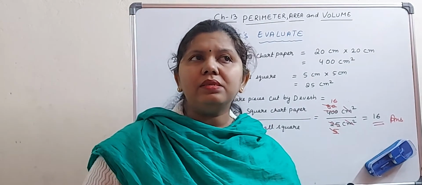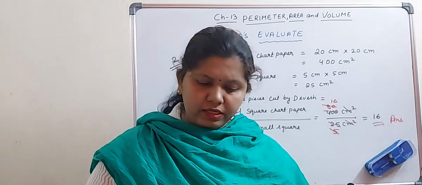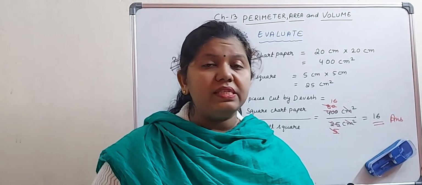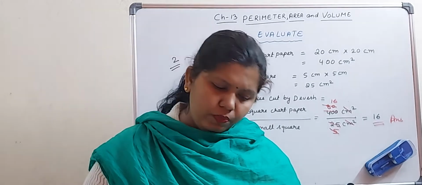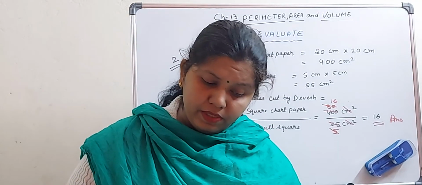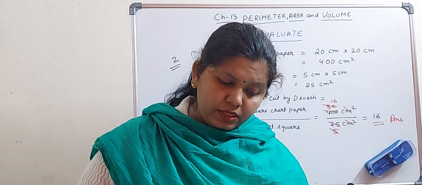So it is of equal sides. The square shape will have equal sides. So if one of its sides is 72, then the area will be 72 into 72 centimeter square. I hope you all can take it out yourself. Okay, sorry. It is perimeter, na? Not area. Sorry.